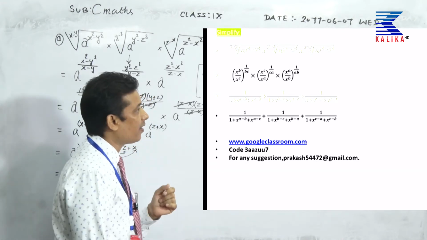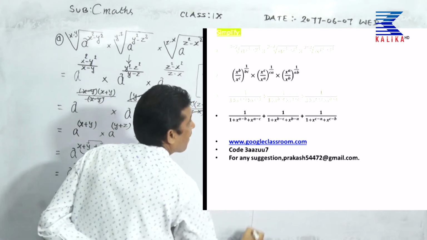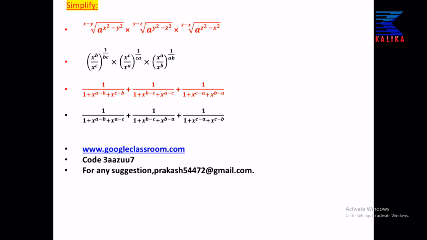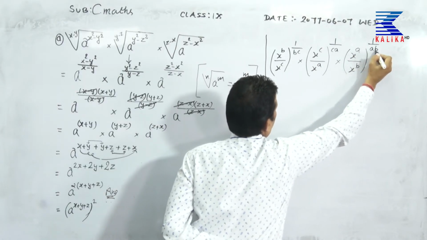Here you can see it is x to the power b over x to the power c, whole to the power 1 over bc, cross x to the power c over x to the power a, whole to the power 1 over ca, cross x to the power a over x to the power b, whole to the power 1 over ab.